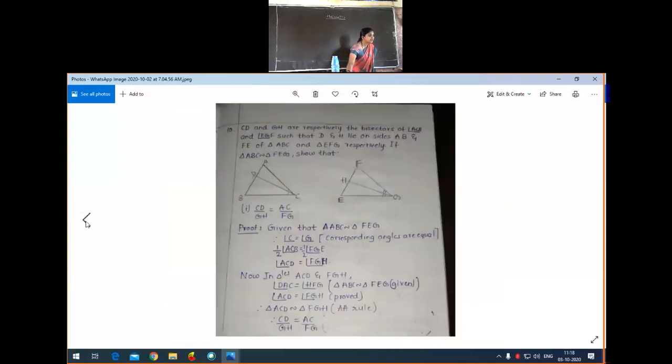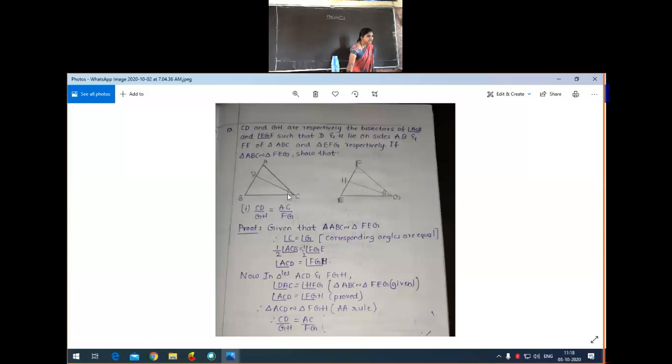I'll move back to the diagram part. What we did here is show that this triangle is similar to this triangle. For that, we took the result that AC divided by FG is equal to BC divided by EG. Already we showed that AC divided by FG is equal to CD divided by GH. Now, according to axiom 1, since AC by FG is common, CD by GH is equal to BC by EG.